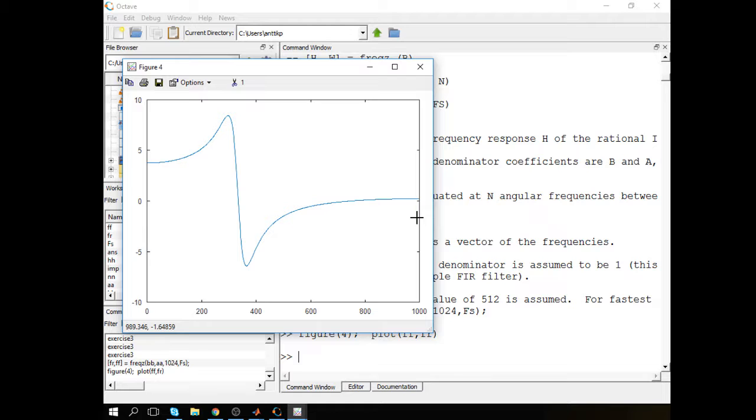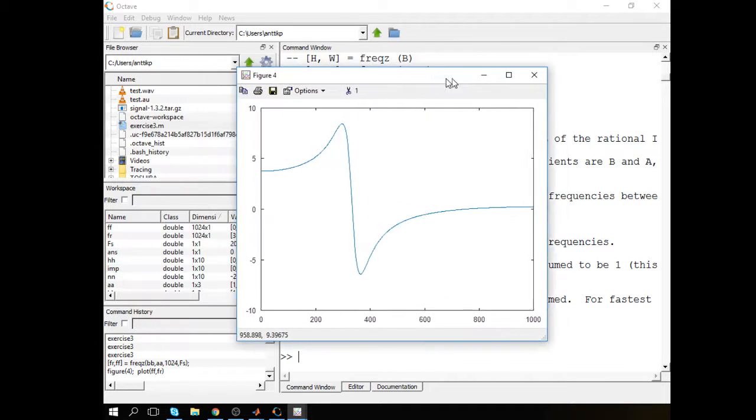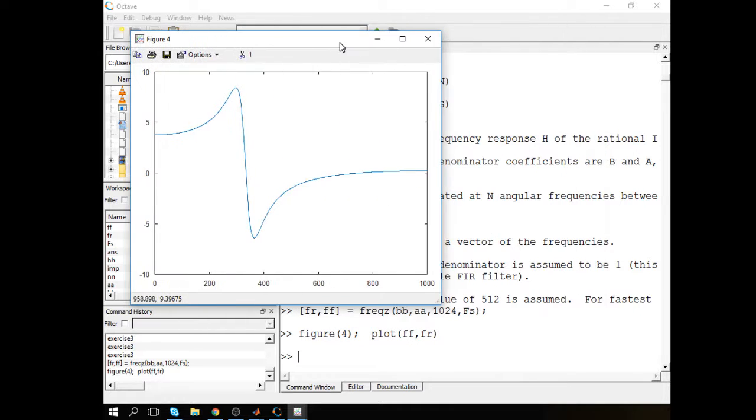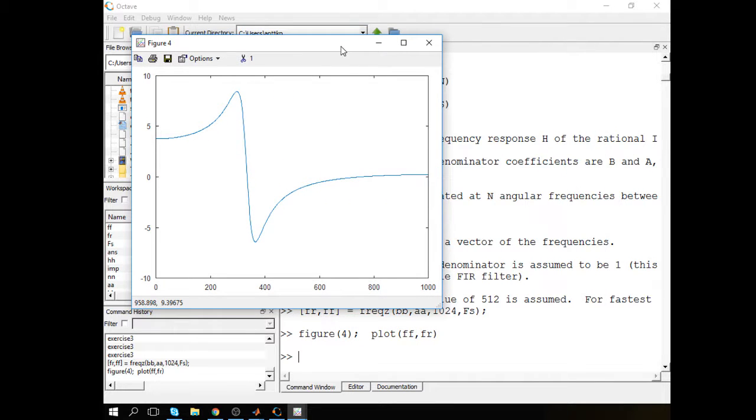Ah, okay. Of course. It's the real value. This is a complex number, so this is the real part of the frequency response.